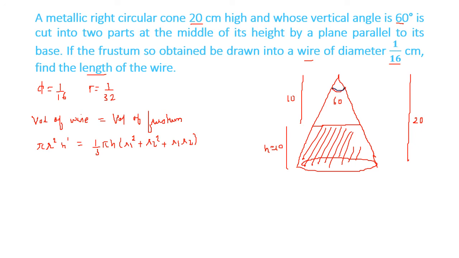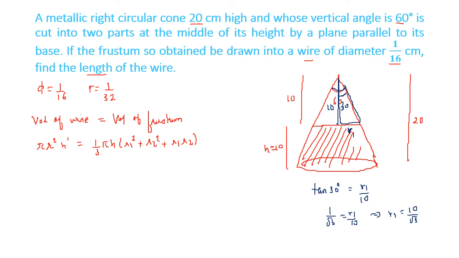This angle is 60. So if I cut it from the middle, this angle will become 30. Let me call this r1, and this I know is 10 because it is half. Now using trigonometry, I get tan 30 degree equal to opposite, that is r1, upon adjacent, that is 10. So 1 by root 3 equal to r1 upon 10, which implies r1 equal to 10 upon root 3.